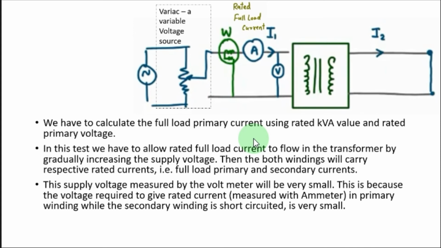The supply voltage measured by the voltmeter will be very small, because the voltage required to give rated current, measured with the ammeter in the primary winding while the secondary winding is short circuited, is very small.